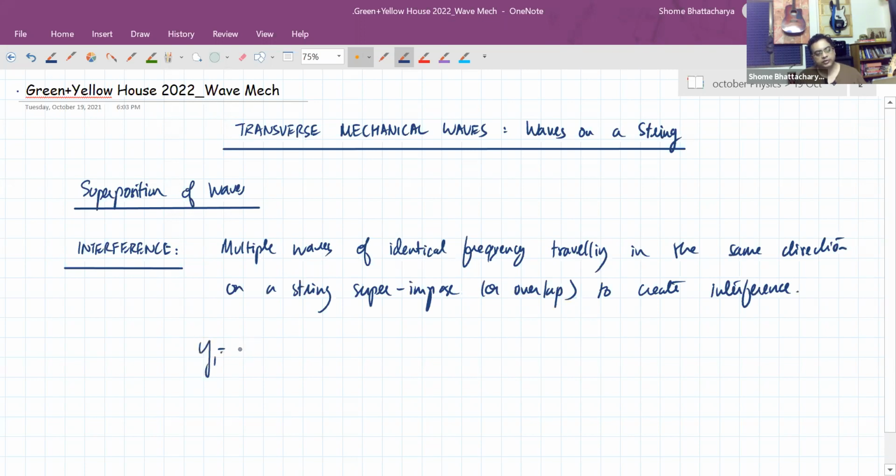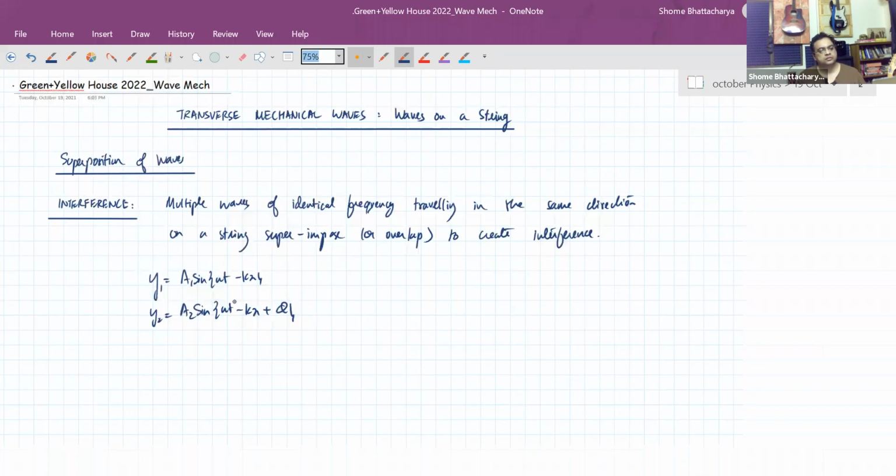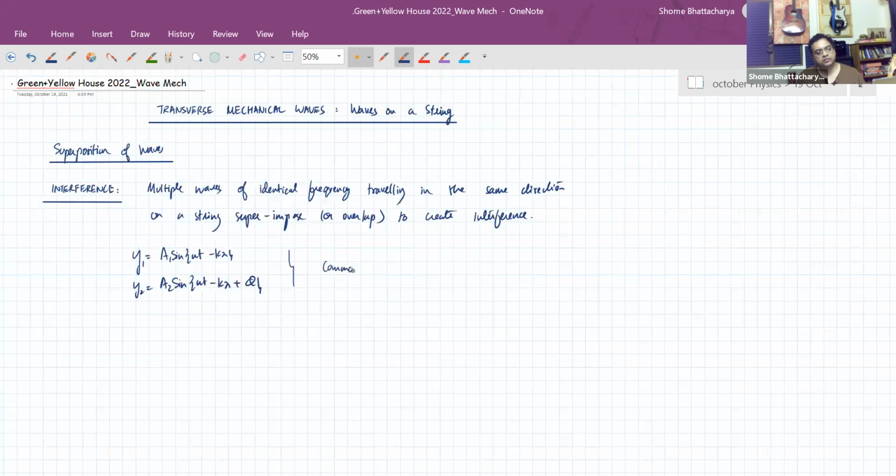So if we had two waves of this type, what we saw is that their superposition, they are of common frequency, so both traveling along the positive x-axis at speed v given by this.